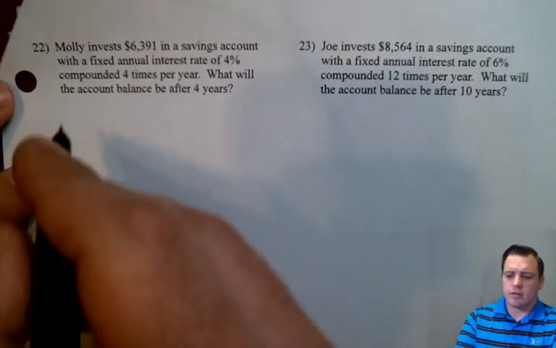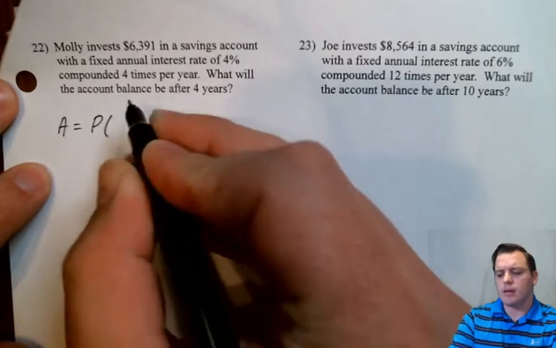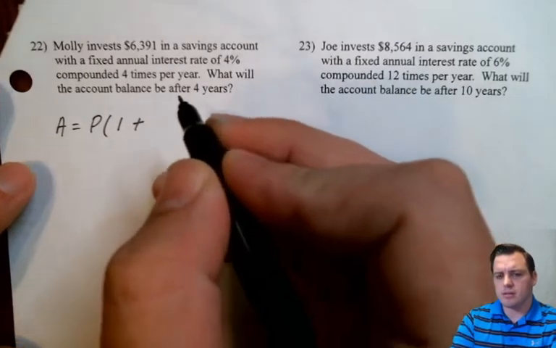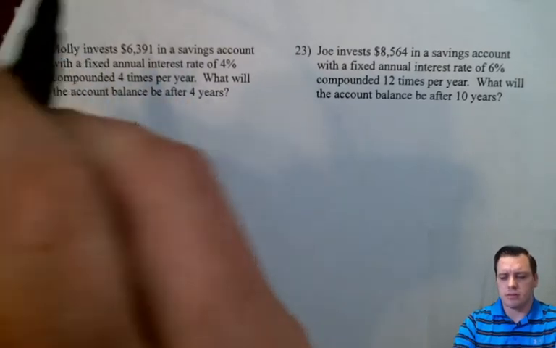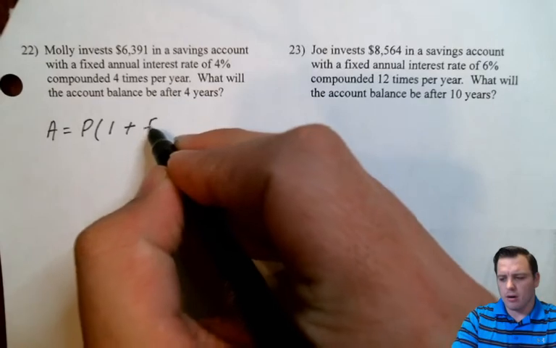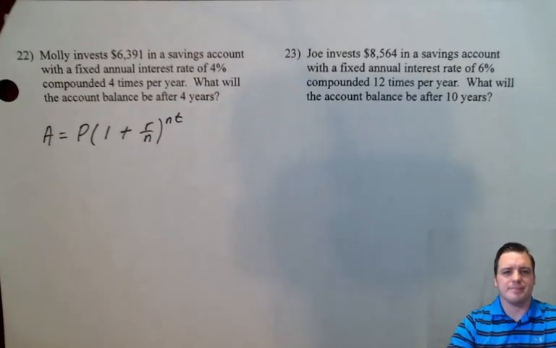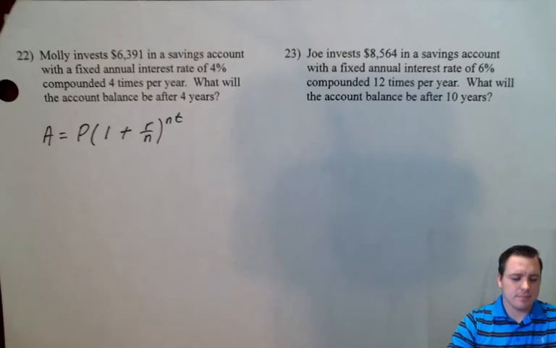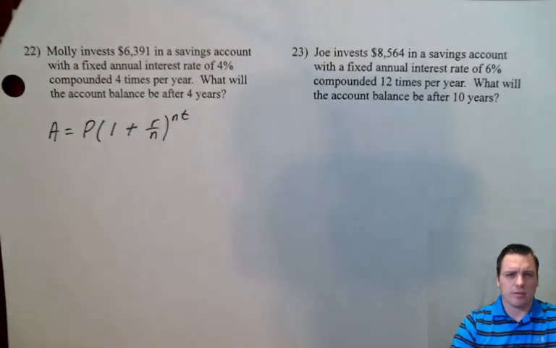Okay, so the amount is equal to P times 1 plus r over n, raised to n times t. Again, if you heard me talk about this, this is for when it's compounded a certain number of times a year.